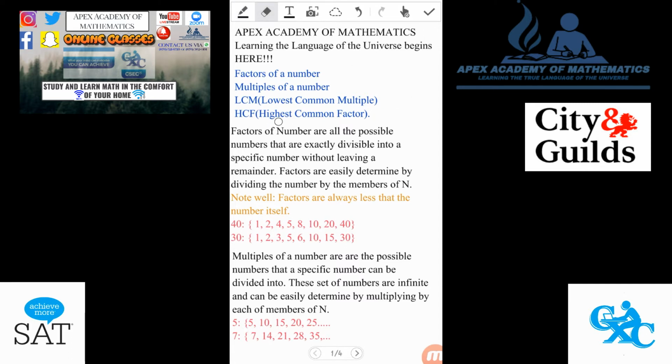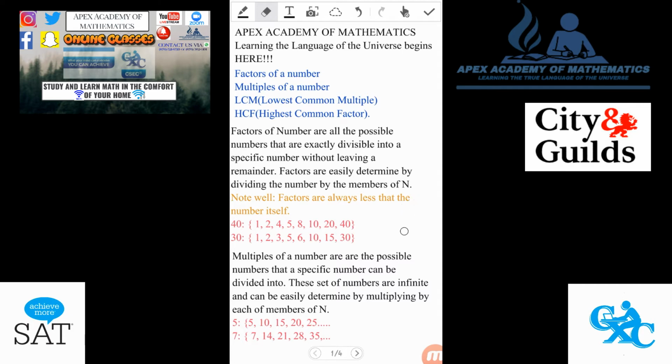So it says here that factors of a number are all the possible numbers that are exactly divisible into a specific number without leaving a remainder. Factors are easily determined by dividing the number by the members of N. If you watch my most recent video on sets of numbers, the link is in the description box below.